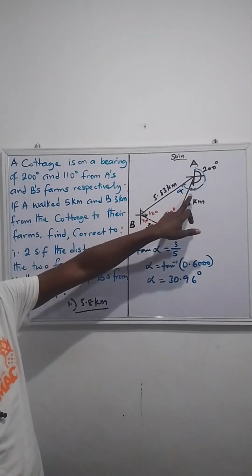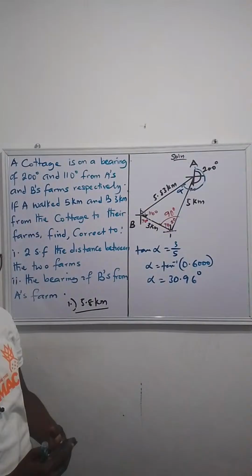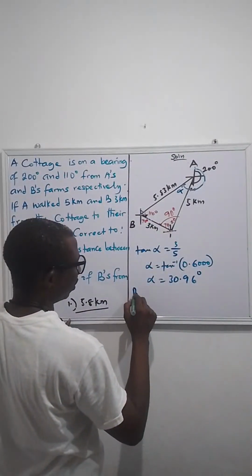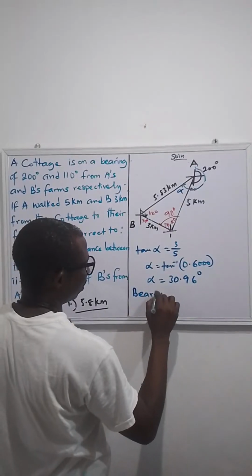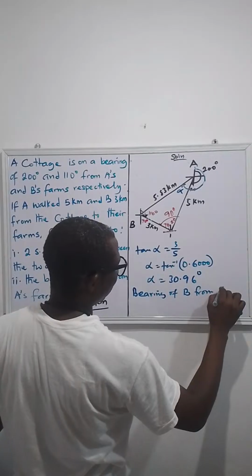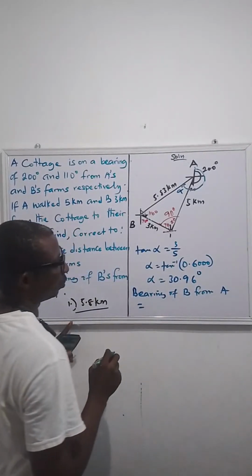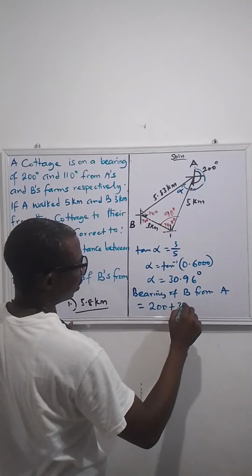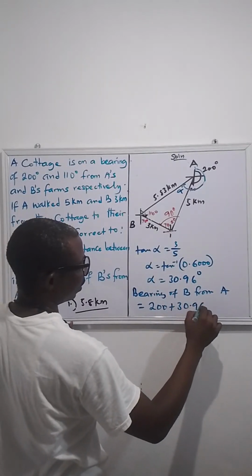30.96 degrees. So we add that to 200. So that gives us the bearing of B from A. So bearing of B from A equals 200 plus 30.96.